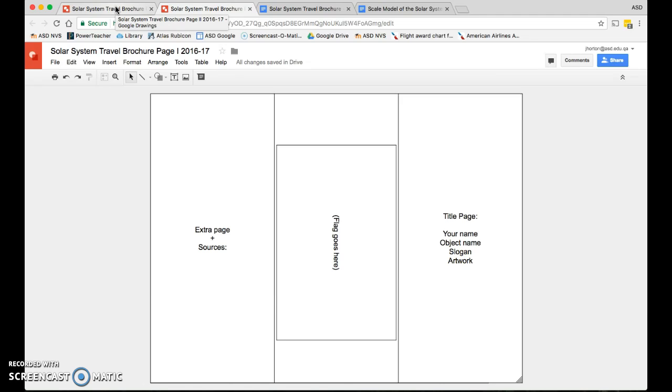If you want to leave space, let's say like up here, and print it off, and then you can go back and draw, or better yet on your title page, if you wanted to draw a picture of what it would look like, feel free to do that.